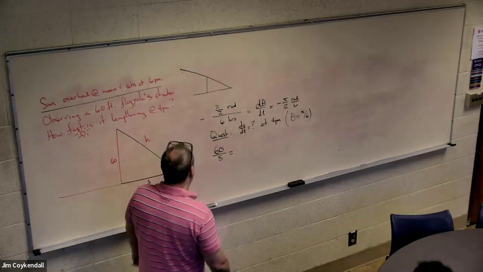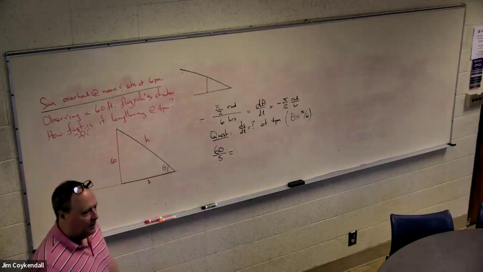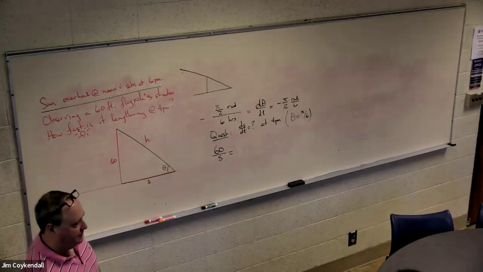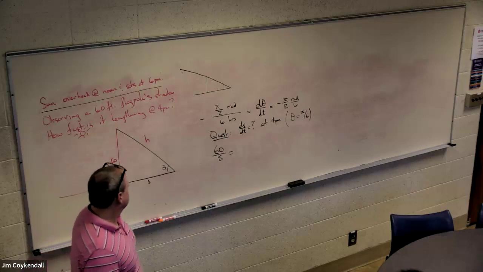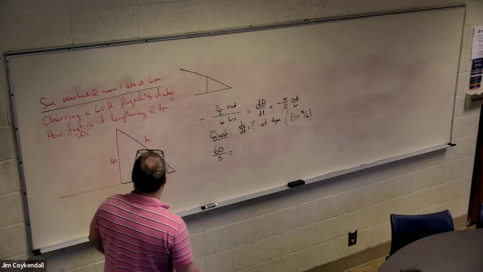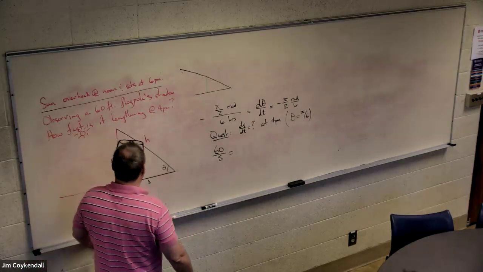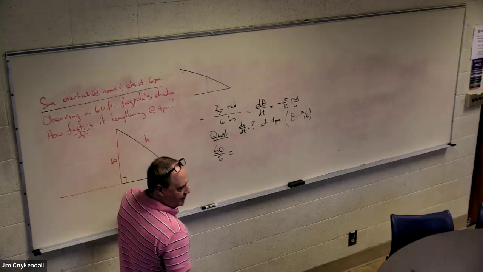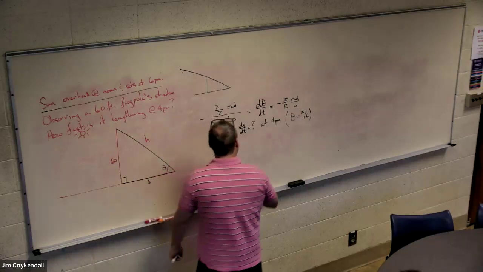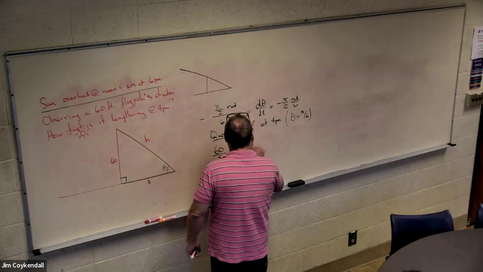If I look at 60 over S, what is that in terms of theta? There's no hypotenuse involved. Good.